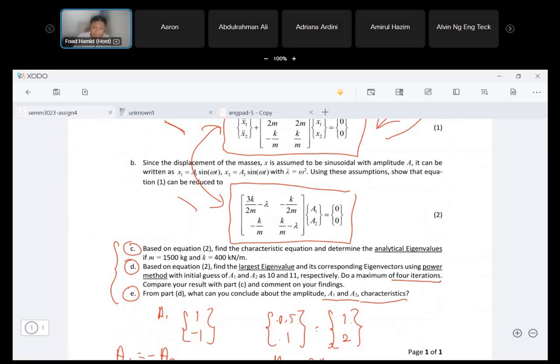I think that's it for assignment number 4. Because we have not touched assignment 5 yet, I'm thinking of giving you an extension for assignment 5. How long should I give it to you? Remember, your test is on Wednesday. Anyone? How long do you want the extension to be?